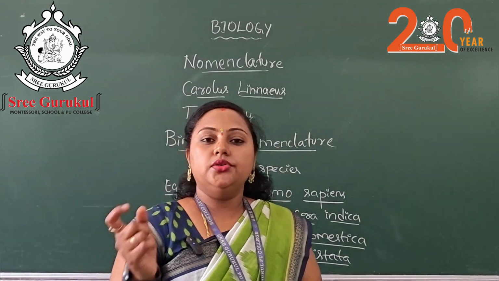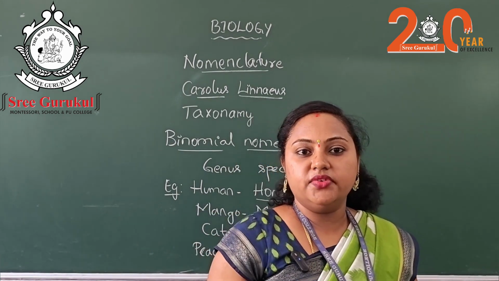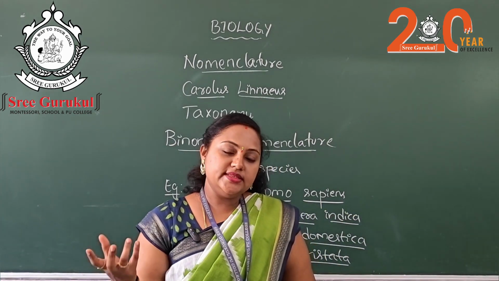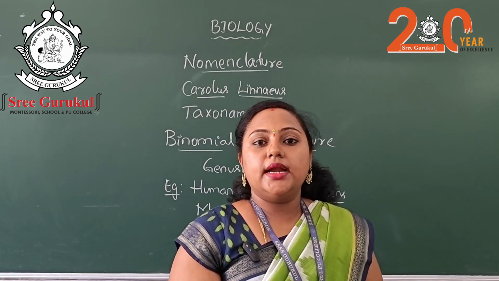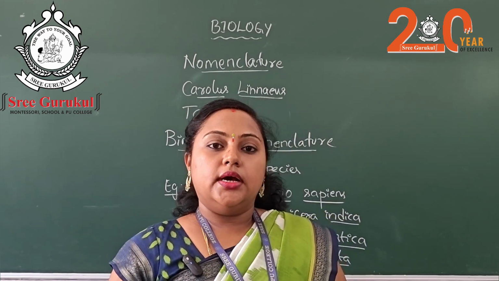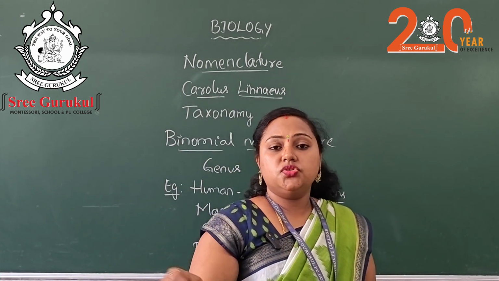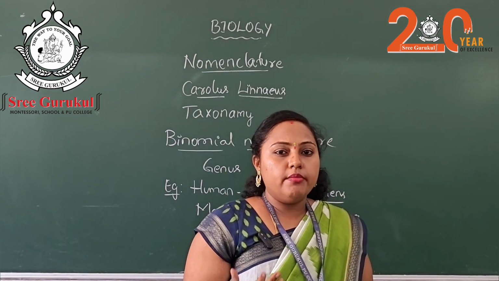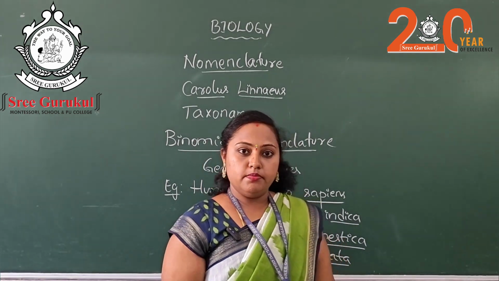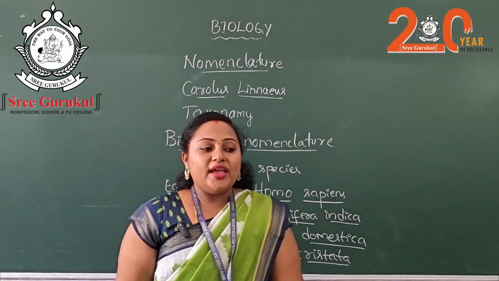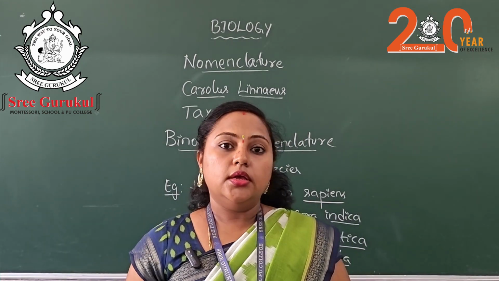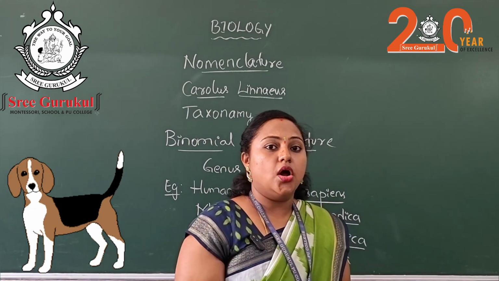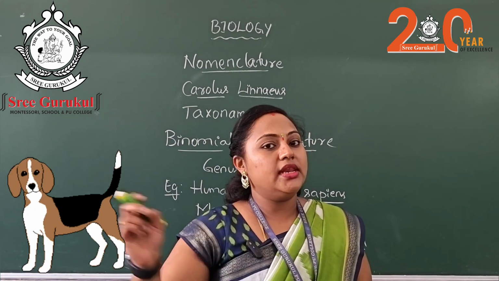Now we are going to list out some of the organisms found in your surroundings in our day-to-day life and identify their scientific names. Are you thinking how you are going to remember all these scientific names? I will help you remember. While you are going along a street, if you see a dog, identify that dog as Canis familiaris.